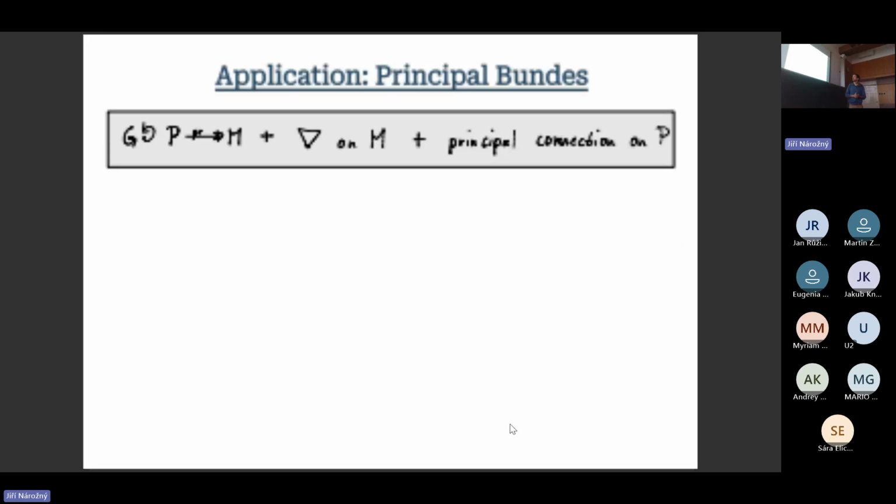As a last example, just to wrap this up a little, we can now combine things. We can look at principal bundles. So we have a principal bundle over M, with a Lie group acting on our total space P, and we choose a principal connection on P and a covariant derivative on M, which should again be compatible.